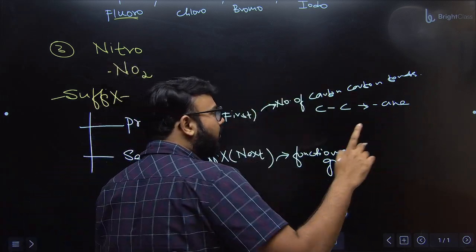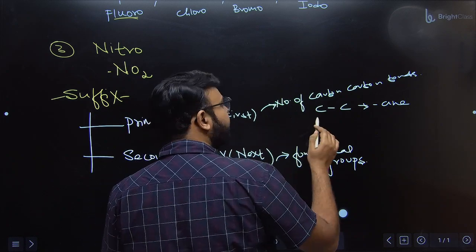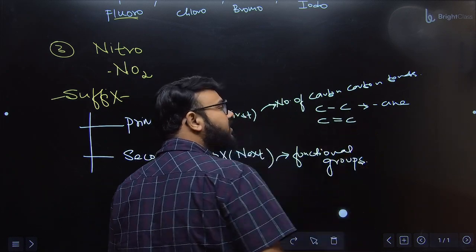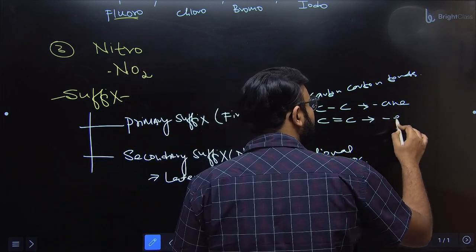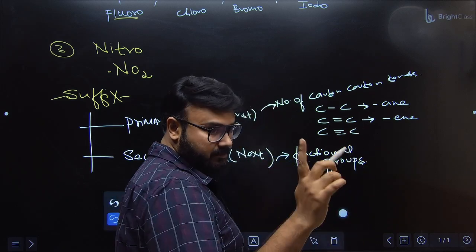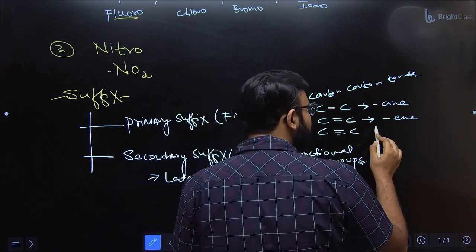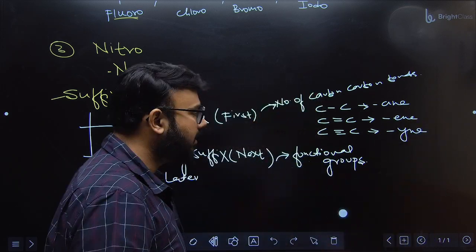If you come across at least one carbon-carbon double bond, you will use the suffix ene. And if you come across at least one triple bond, minimum, you will use the suffix yne, Y-N-E. I hope it's clear.